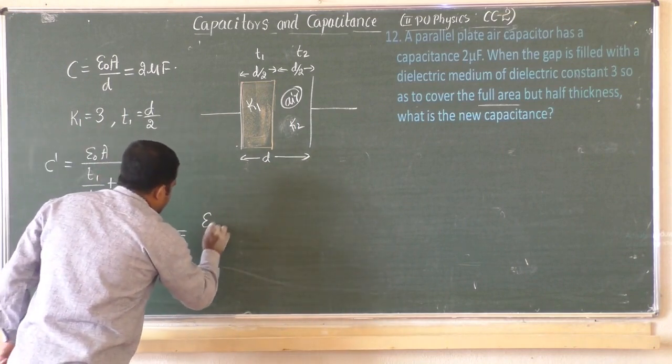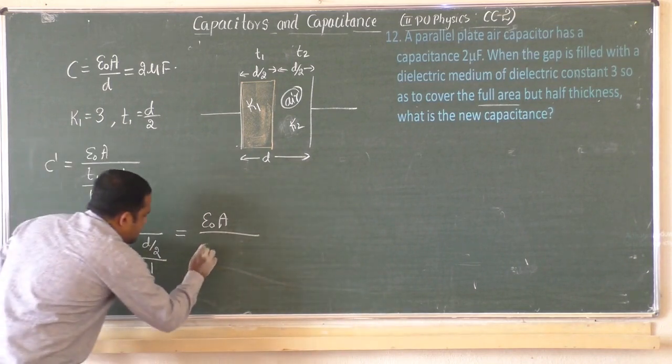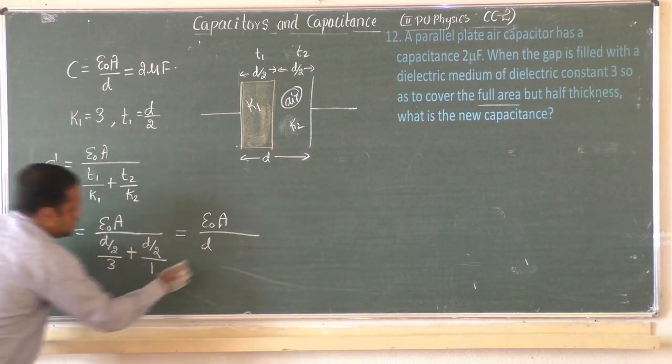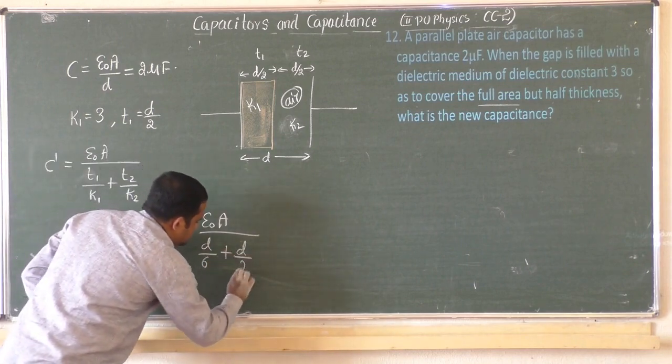So that is equal to epsilon naught A divided by D over 6 plus D by 2.